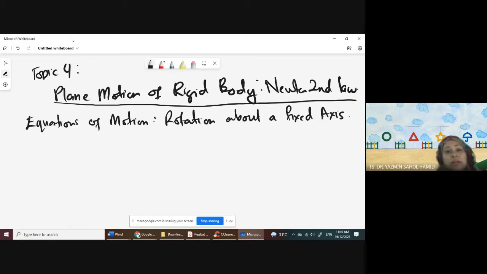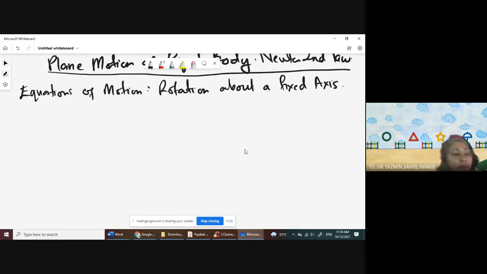I'm going to draw a diagram to make you understand the concept and the fundamentals. Let's say we have a rigid body. It can be any shape.